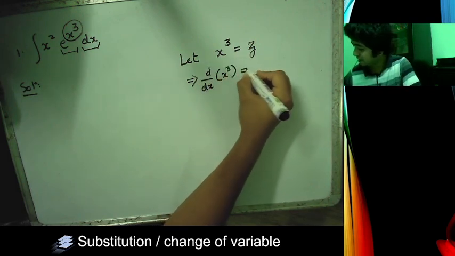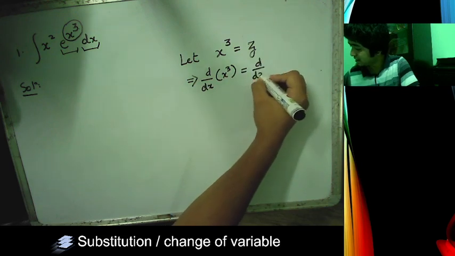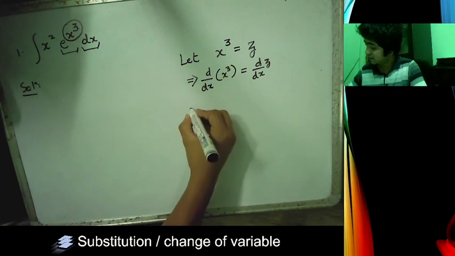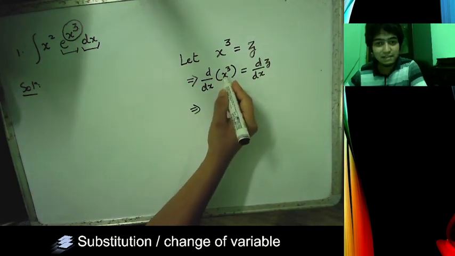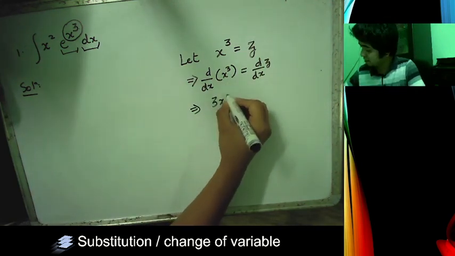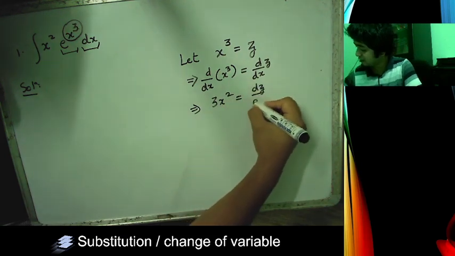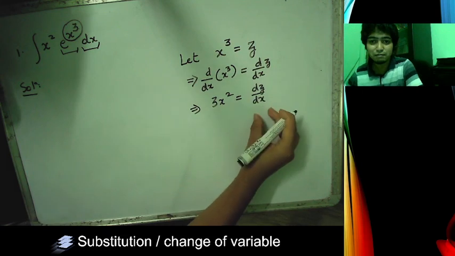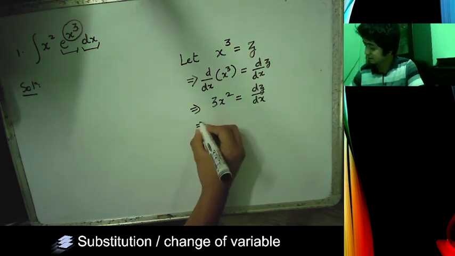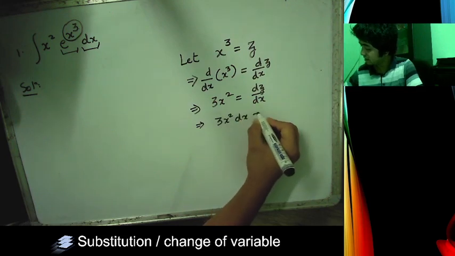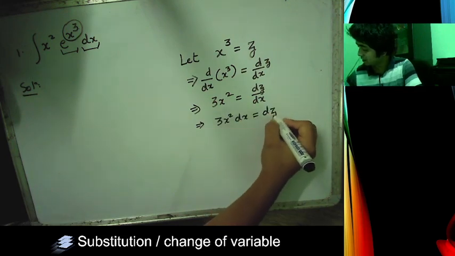If we differentiate both sides with respect to x, you will get something like this. d/dx of x cubed is 3x squared, and over here we will be having dz/dx. We cannot do anything with this, we have to leave it as it is. So we will be getting 3x squared dx equal to dz.